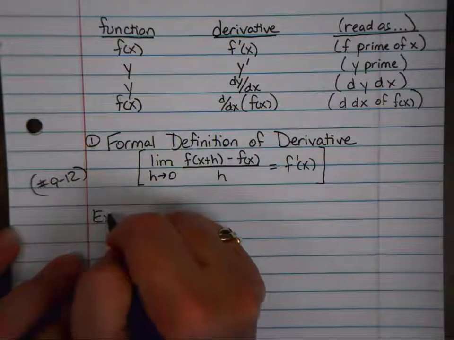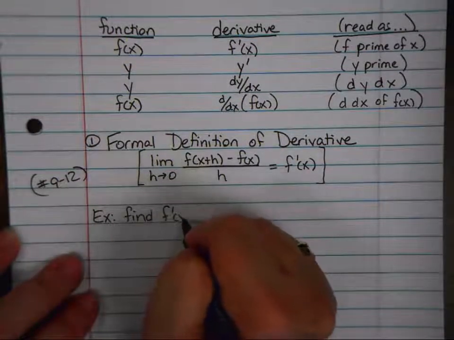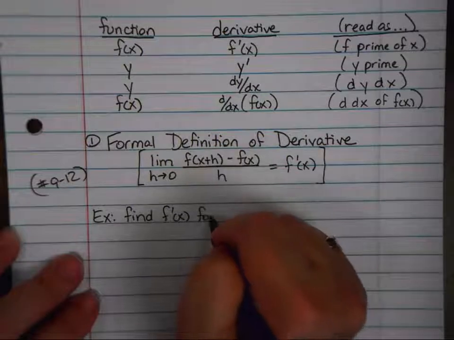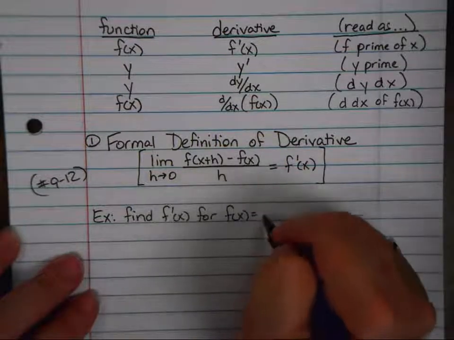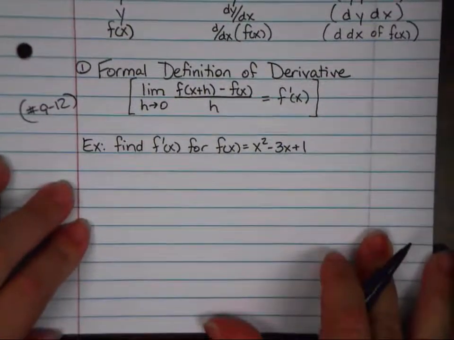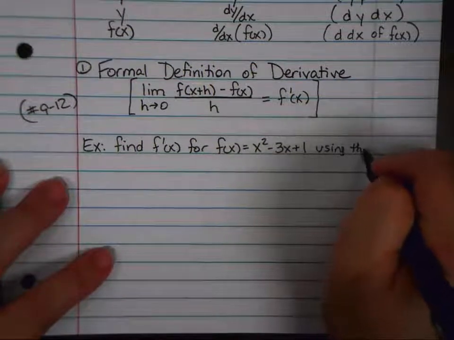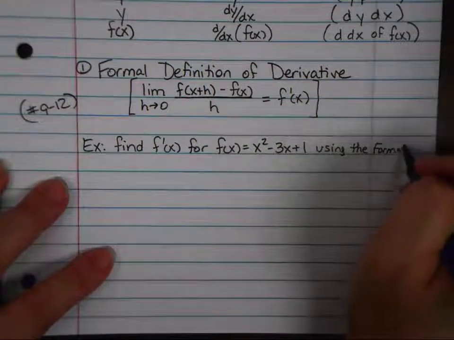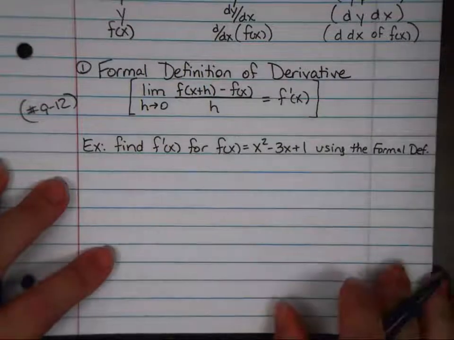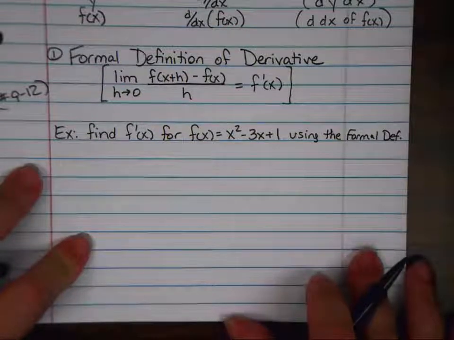And now let's do a sample problem. The directions say find f prime of x for f of x equals x squared minus 3x plus 1 using the formal definition. I'm going to abbreviate like crazy. Find f prime of x for f of x equals x squared minus 3x plus 1 using the formal definition.